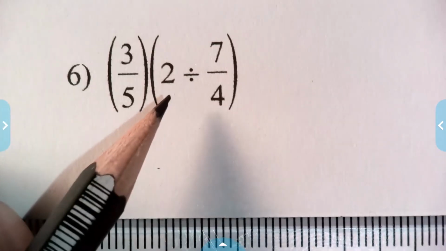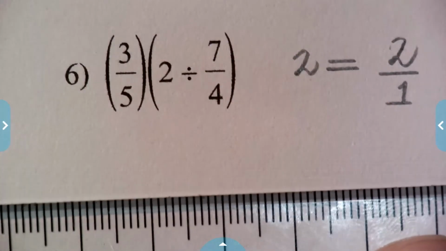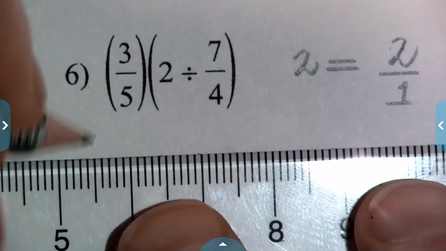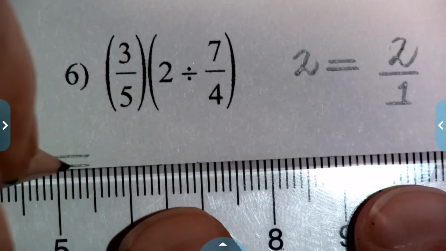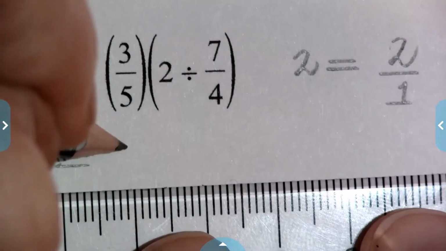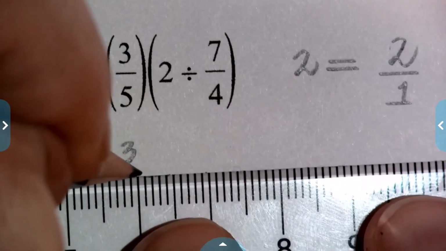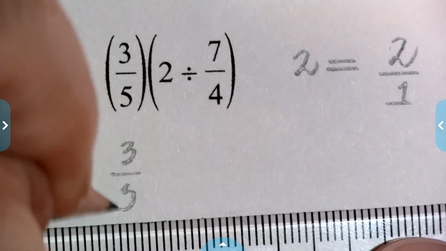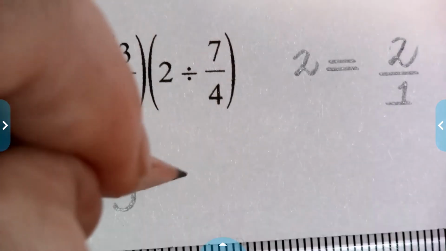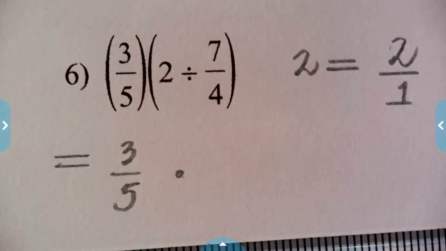Now, the very first thing to note is that 2 can be rewritten as a fraction as 2 over 1. That's very important. Okay, so we're going to rewrite this expression as 3/5, and I'm just going to put a times symbol here.